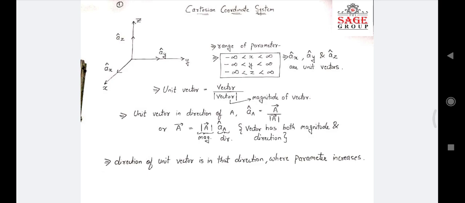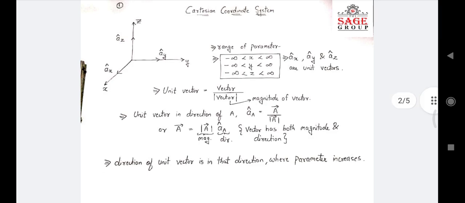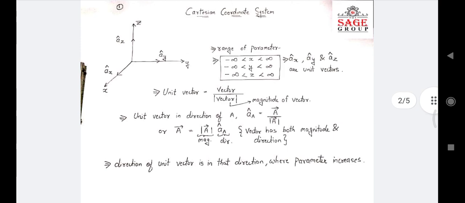Now from this result we can easily find that if we cross multiply this equation, A cap equals vector A upon mod of A, then we get vector A equals mod of A into the unit vector A cap.